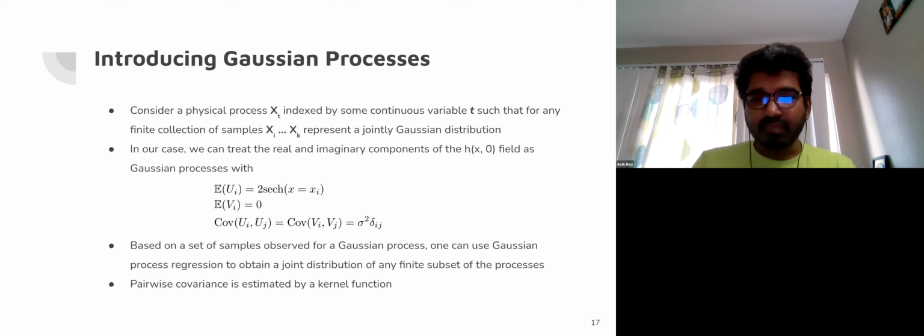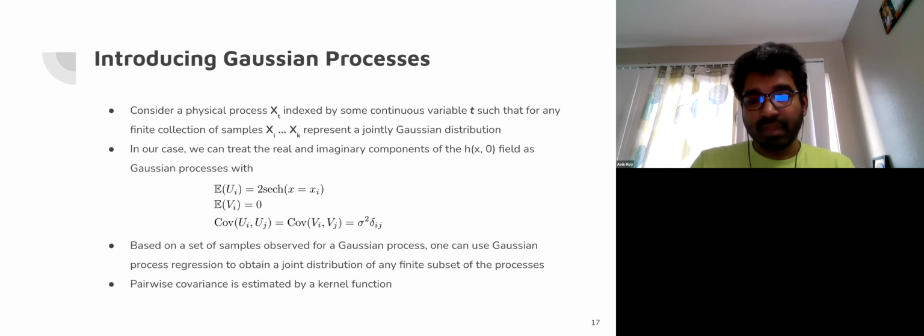And with this definition in hand, you can think that the way we introduced our errors, if you remember in the very first slides, we introduced a Gaussian error with the measurements that we had for the initial time slice for the real and the imaginary components of the field. You can think, well, we are actually talking about a joint Gaussian distribution here.